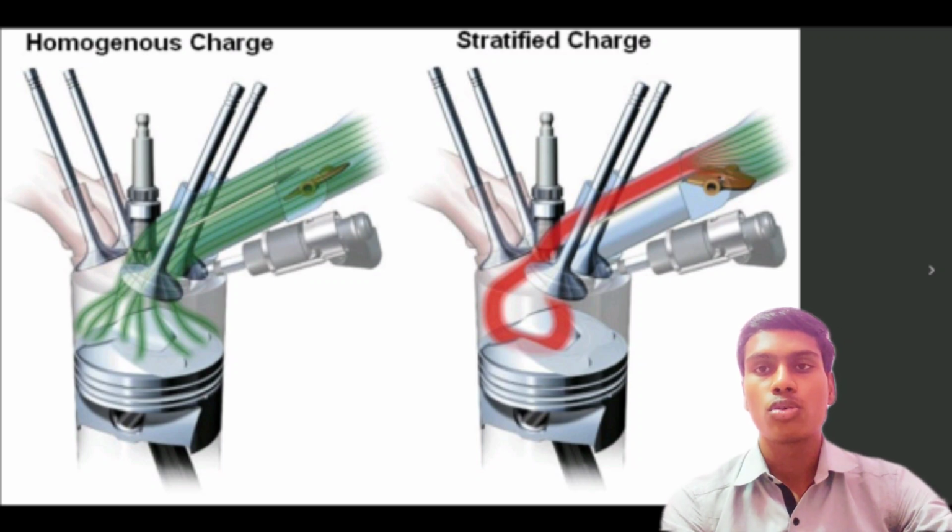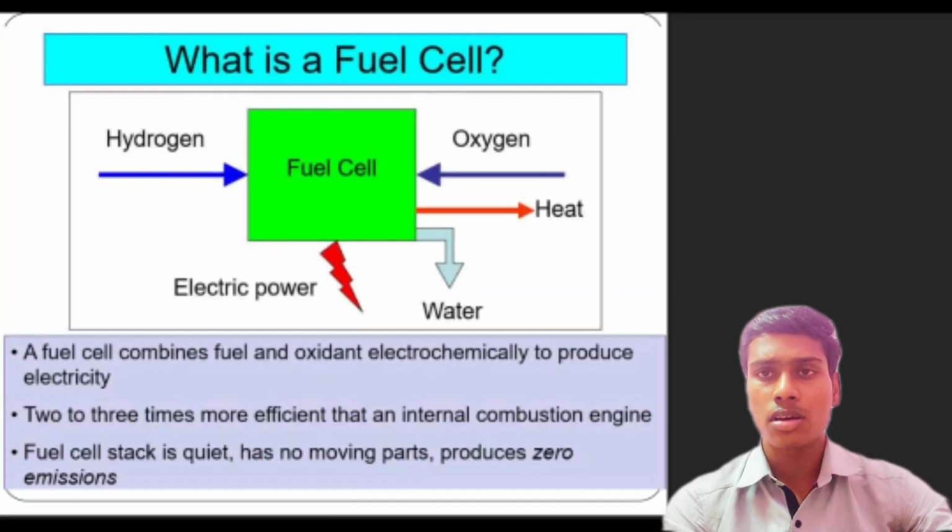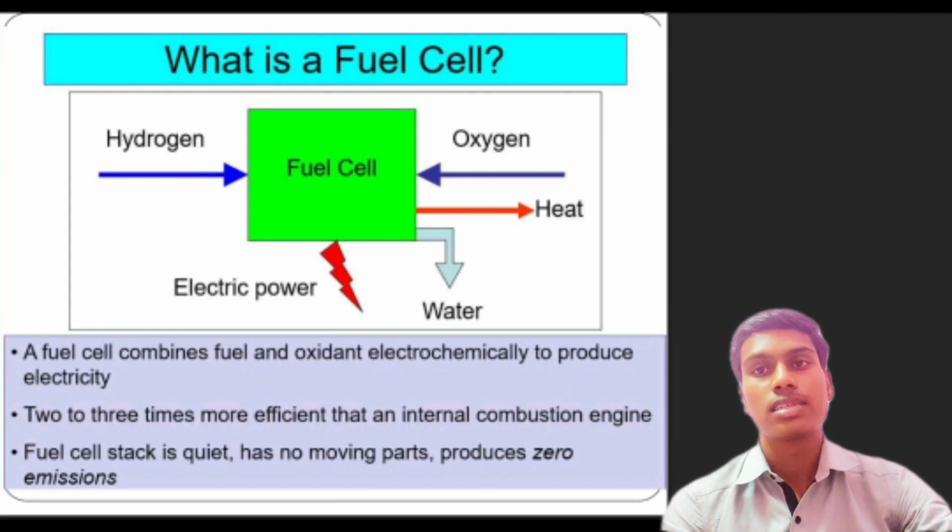And then we will move on to fuel cell type vehicles. Fuel cell vehicles work with the help of hydrogen and oxygen. These are the two basic gases used in a fuel cell. With the help of hydrogen and oxygen, electricity, water and heat are generated in the proper reactions. So as you can see in the fuel cell, hydrogen and oxygen play a crucial role.